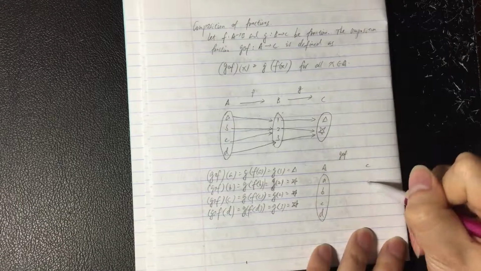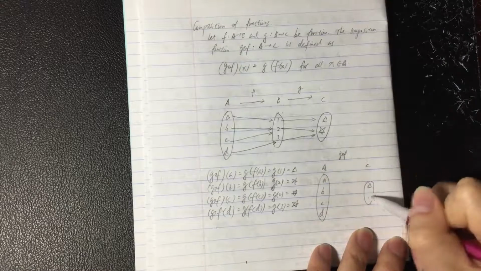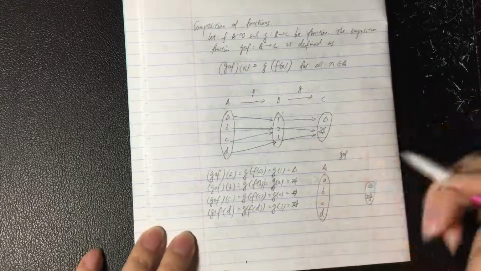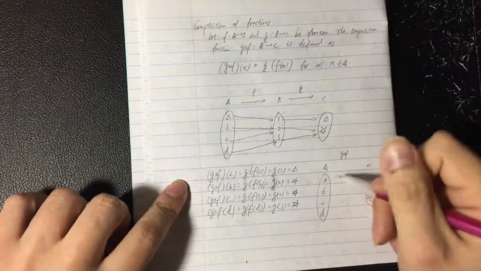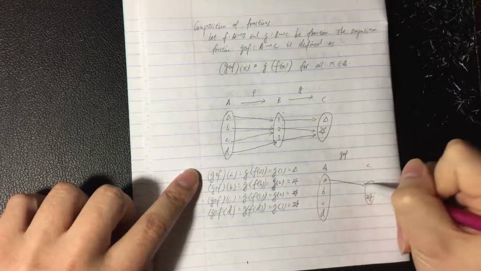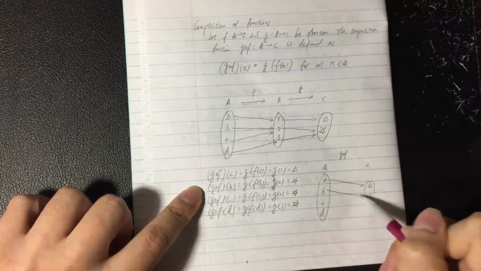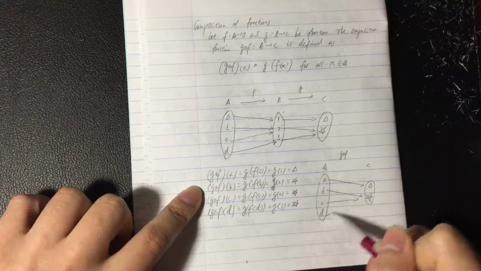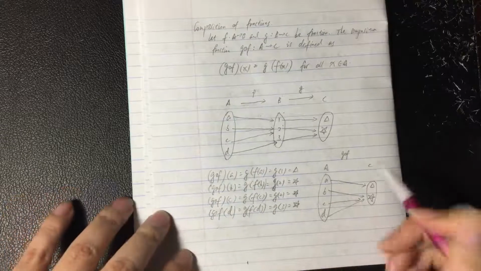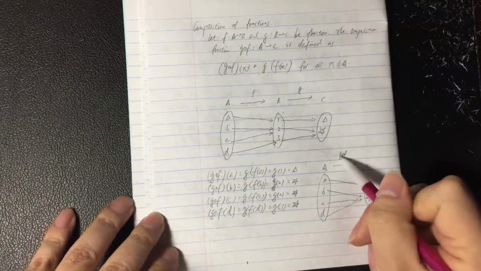C is in the set triangle, star. This function assigns a to triangle, and assigns b, c, d to star. That's the composition function g of f.